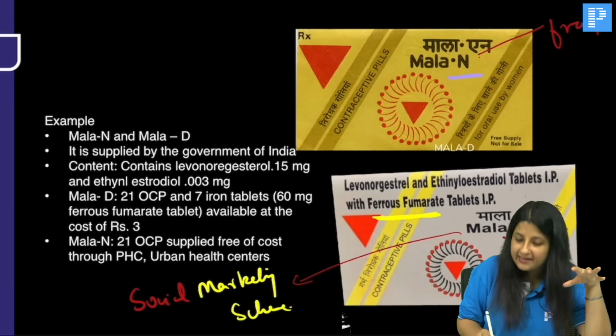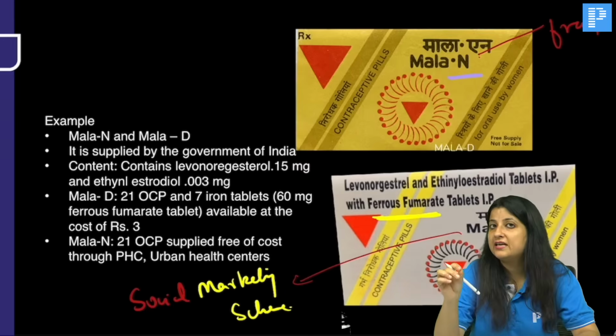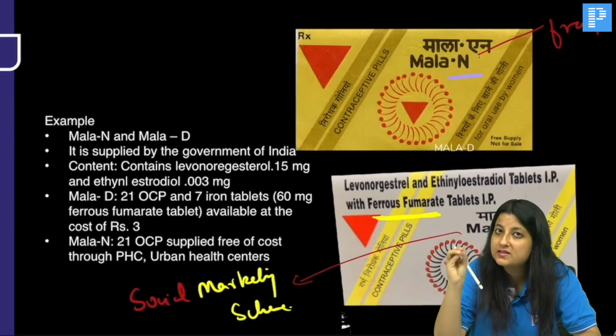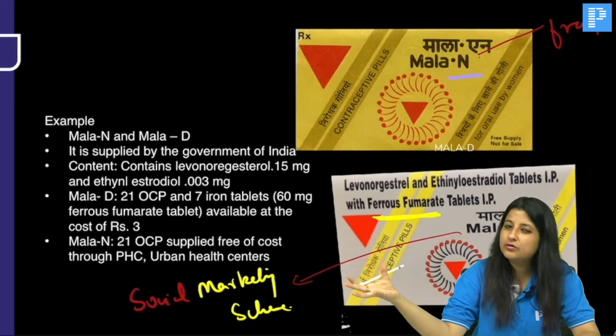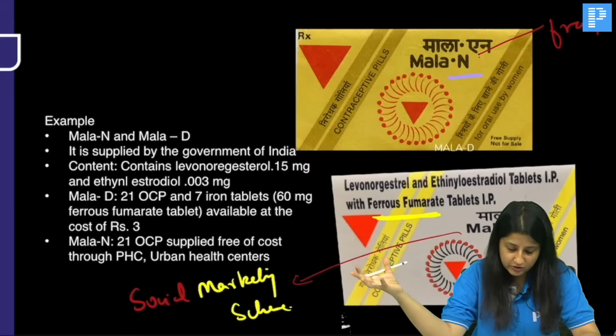Over here the iron tablets are of ferrous fumarate. Anemia मुख भारत में iron tablets होते हैं ferrous sulfate के. Here it is ferrous fumarate. Of course you should remember how much estrogen, how much progesterone it has.